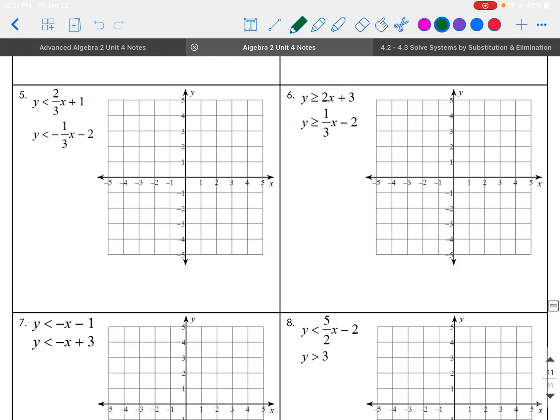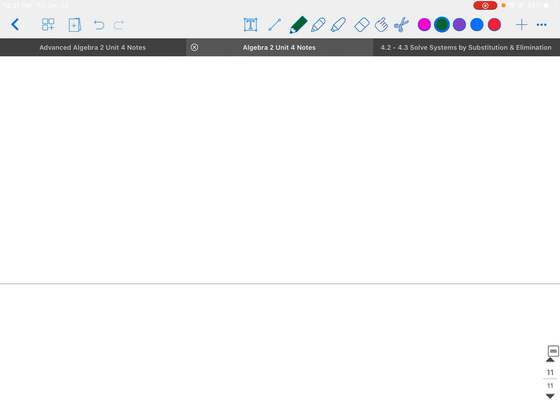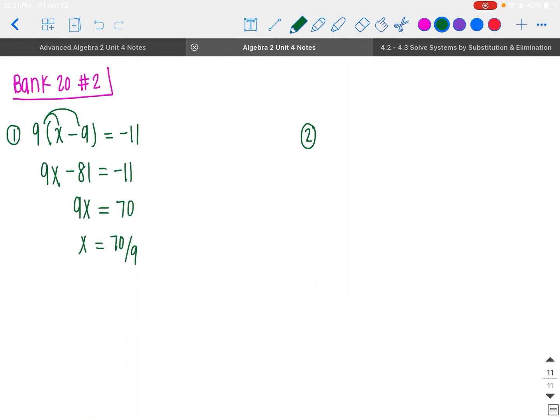Question 2. A rectangle has an area of 32 feet and a perimeter of 24. We want to know what the shortest side of the rectangle is.